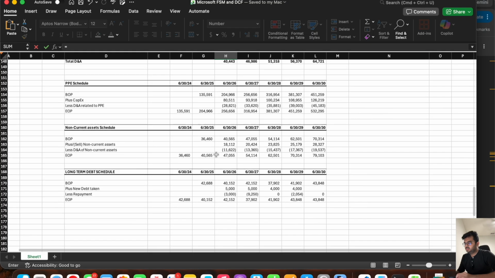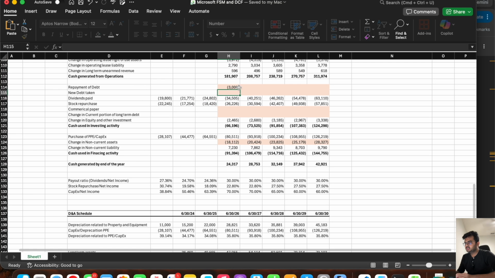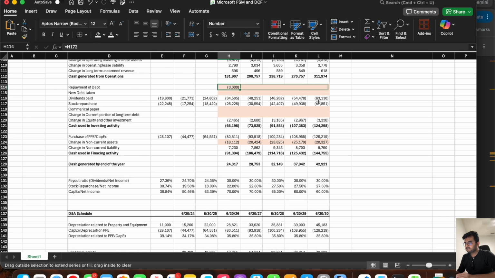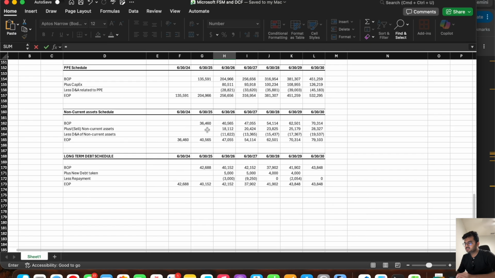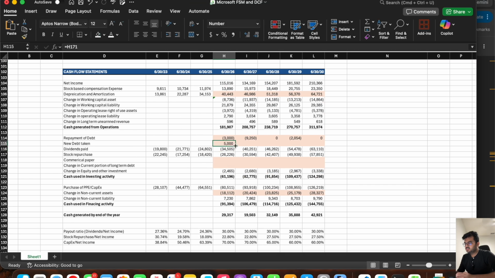So repayment of debt, here it's already negative, so we'll just link it there. Which is done. Then new debt taken, which we have also captured here. This is going to be this number, and then I'm going to link this here. Perfect. So we have captured these three items.